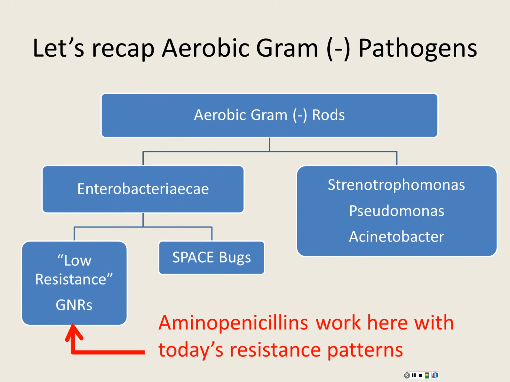And so plain ampicillin and plain amoxicillin are going to be appropriate for a very low resistance gram-negative rod. Let's say your preliminary report is Klebsiella or Proteus. Sometimes you really don't know in a preliminary report, when you're waiting on susceptibilities, if you're able to use ampicillin or amoxicillin. So you have to start with Zosyn or Unasyn or something else. But if your gram-negative rod is susceptible to ampicillin or amoxicillin, you can certainly de-escalate.